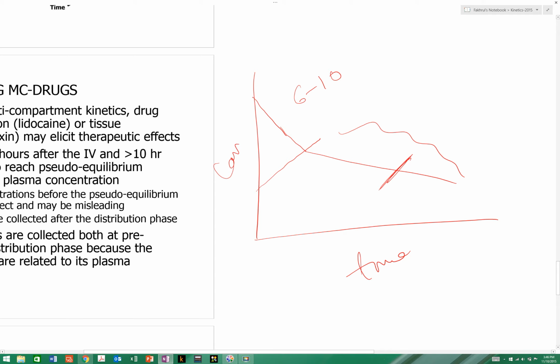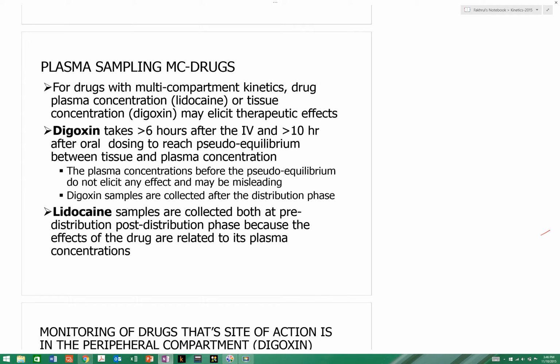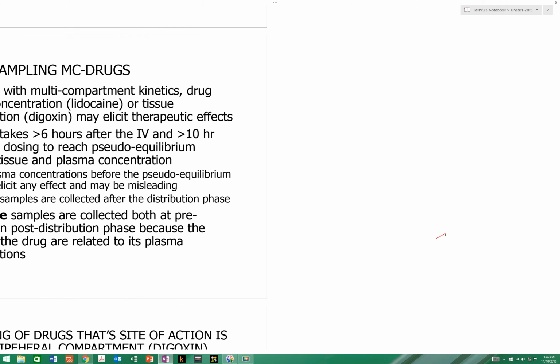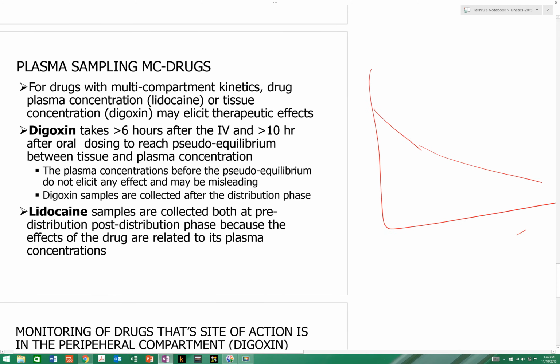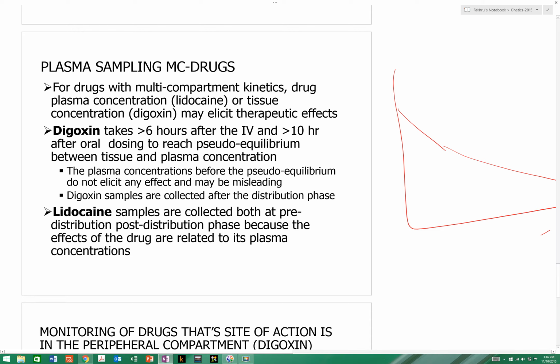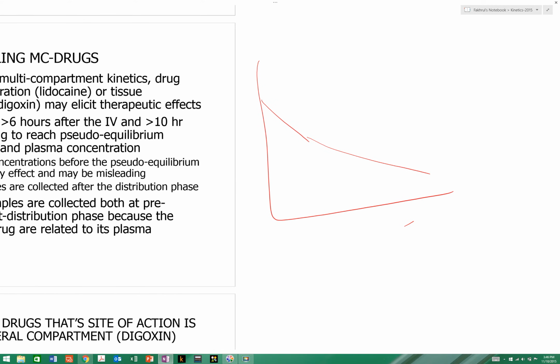Does this make sense? Now think of another drug, which is lidocaine. Yes, lidocaine works in the central compartment. In the multi-compartment model, lidocaine's drug concentration depends on plasma concentration. That means theoretically it works on the central compartment, that means on plasma concentration.